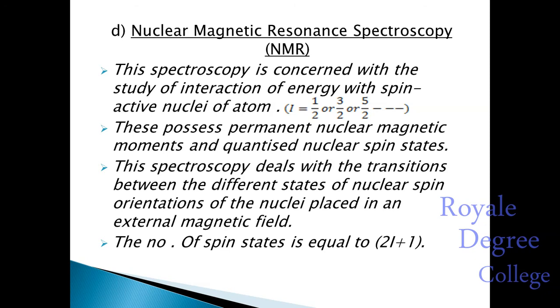These possess permanent nuclear magnetic moments and quantized nuclear spin states. This spectroscopy deals with the transitions between the different states of nuclear spin orientation of the nuclei placed in an external magnetic field. So here the number of spin states is equal to 2I plus 1.